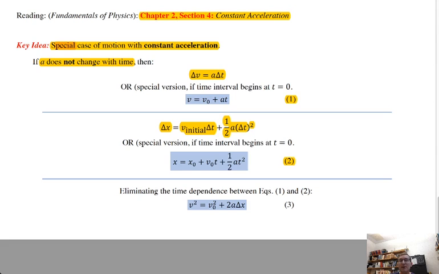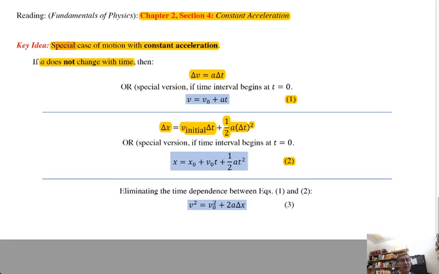No problem. Use equations 1 and 2 and get rid of t, the variable t. Take equation 1, solve it algebraically for the variable t. T will equal v final minus v initial all divided by a, and substitute that algebraic expression into equation 2 for the t and the t squared, and then simplify.